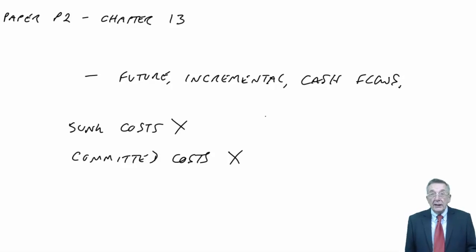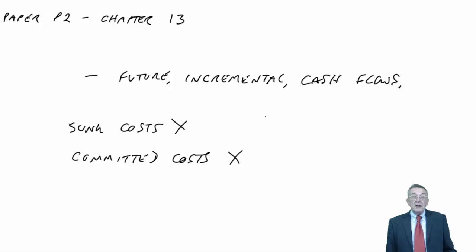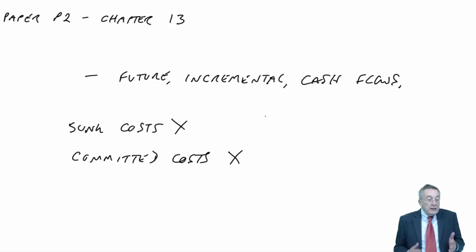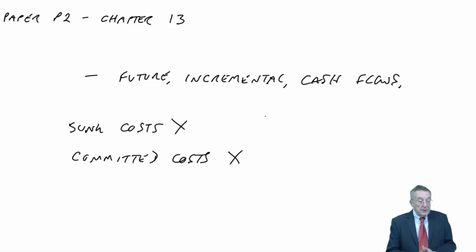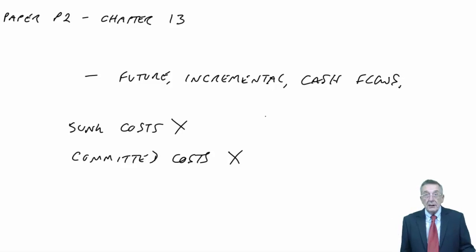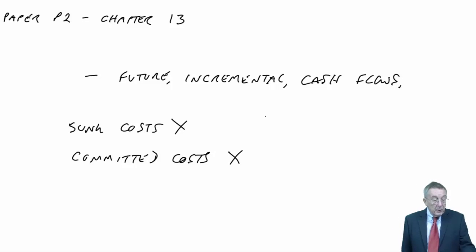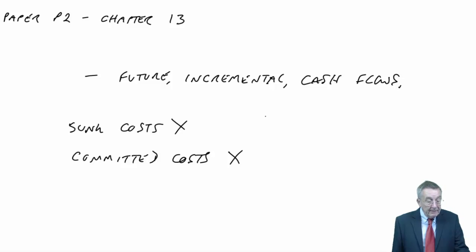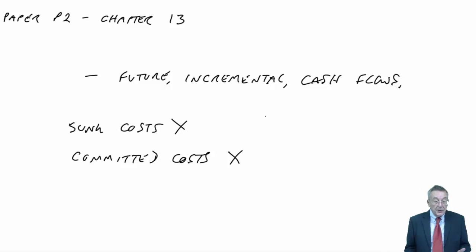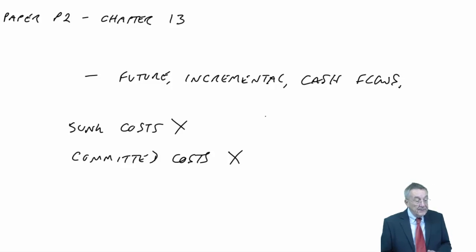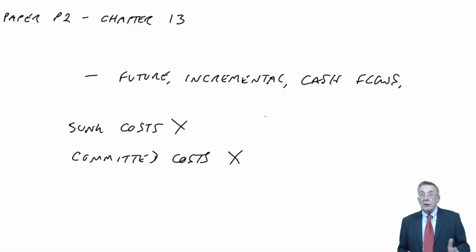And so, exercise 1 is really very much a repeat of what you should have done for paper P1, just looking at examples of how we might arrive at the relevant costs. If you have a look with me quickly, it says a research project which to date has cost the company $150,000 is currently under review. If we do allow it to proceed, we'll complete in about a year and we'll sell the results for $300,000.